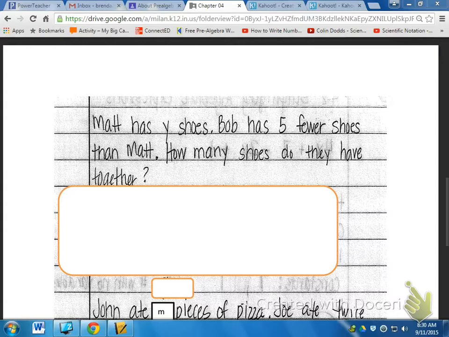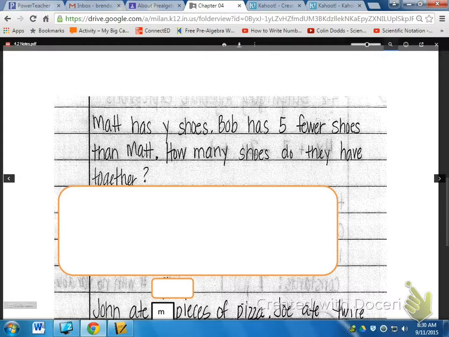So, here's how I want you to set this up. I want you to talk about Matt and Bob. So you're going to write that down off to the side, okay? Matt has Y shoes. So for Matt, I'm just going to say Matt equals Y. If Bob has 5 fewer than Matt, Tori, how could I write that?